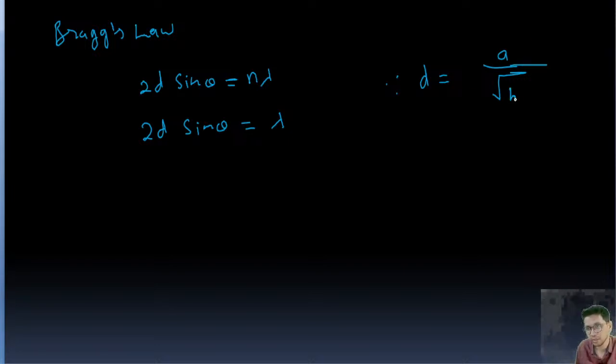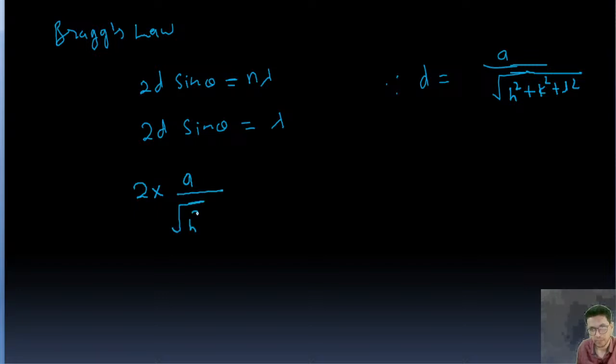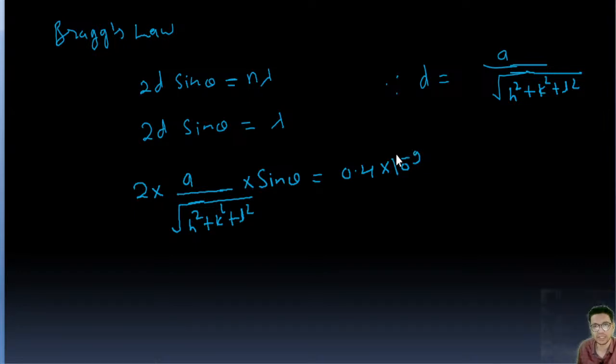So we can write 2 into a upon root of h square plus k square plus l square, into sin theta equal to n lambda, which is 0.4 nanometer, means 0.4 into 10 to the power minus 9 meter.